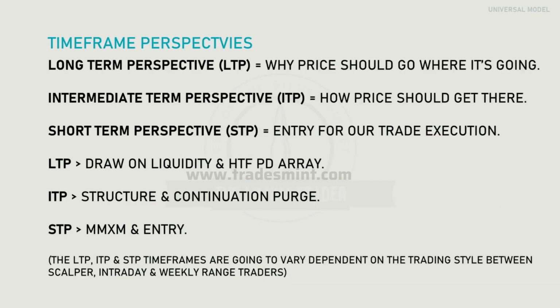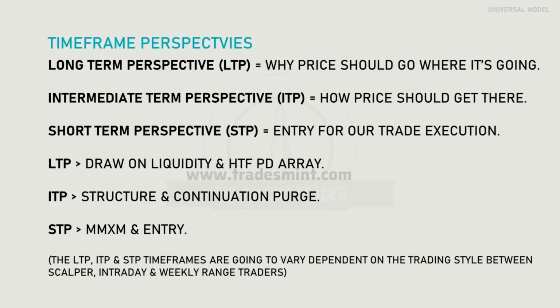So let's start off with time frame perspectives: that long-term, intermediate term, and short-term perspective. Reiterating again, the long-term perspective is the why price should go where it is going. And think about that external to internal range and internal to external range. Then the intermediate term perspective, this is how price should get there. We want to line up all these perspectives together so they are high probability.